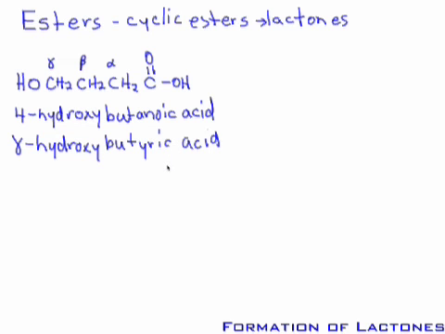And if I react this under acid catalysis, just like an ester, the alcohol end can wrap around and attack, and I can produce, if this wraps around, an ester group.